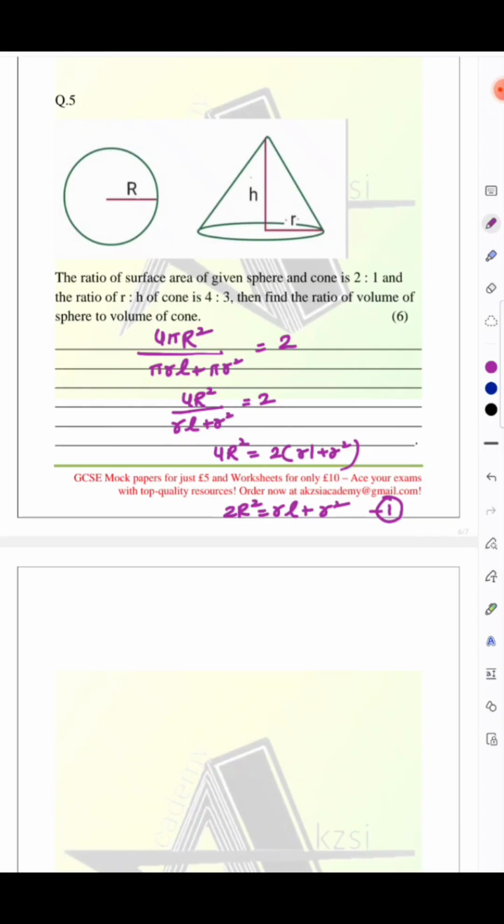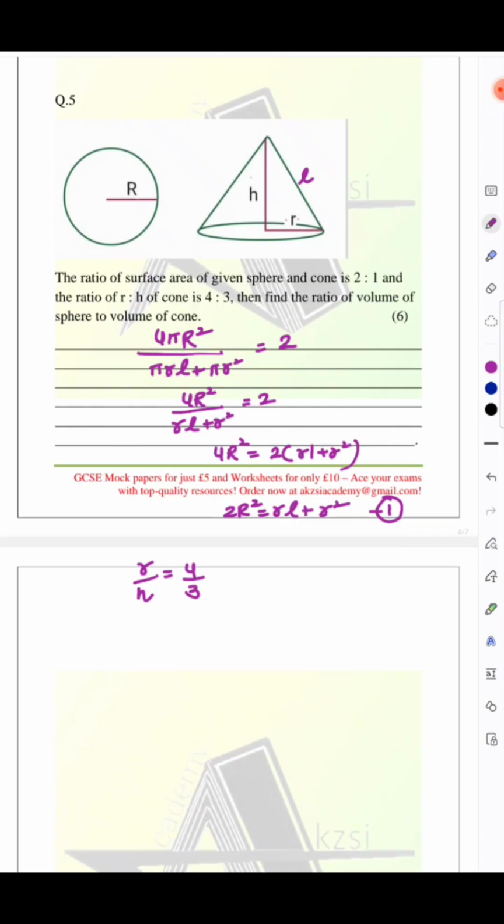For the second part, we can use the next sentence, which is the ratio of r and h is given as 4/3. From here, assuming the hypotenuse is L, the length of the slant height, so this is L. Let me convert everything in terms of x, which would be much easier.